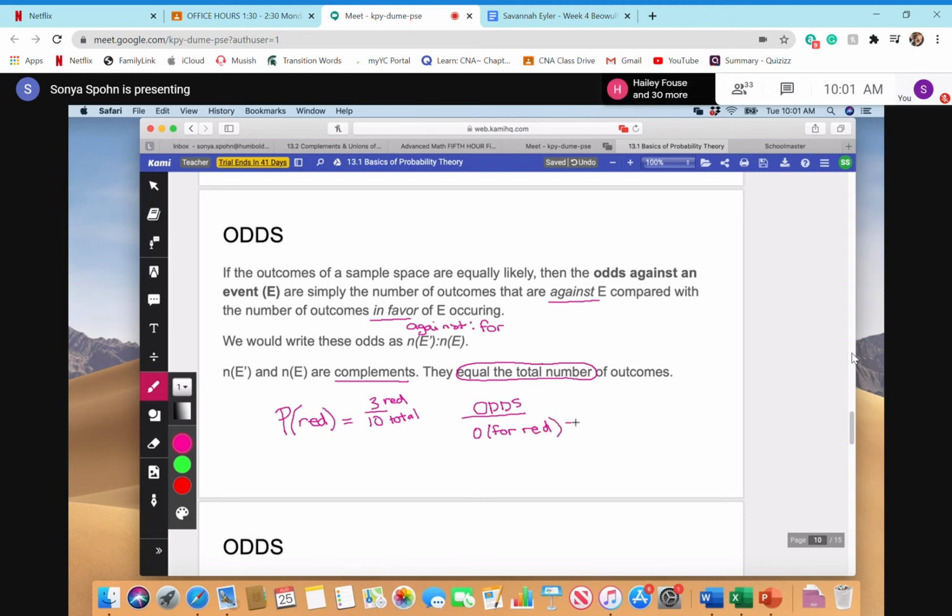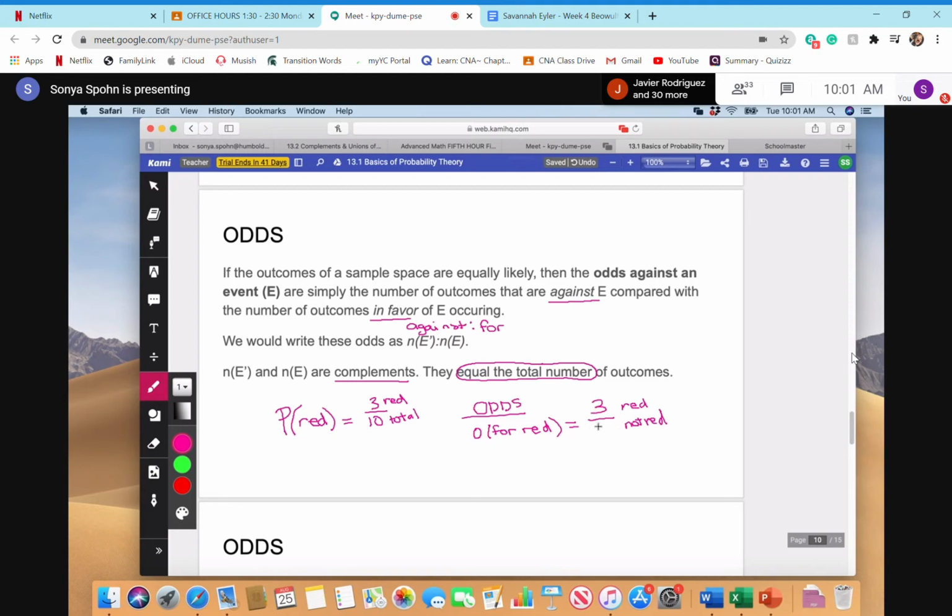They're a little different because we don't put the total down here. With probability, you do the total. If I'm doing odds for red, I'm going to do red to not red, or everything else. Does that make sense? So odds are going to be 3 red.